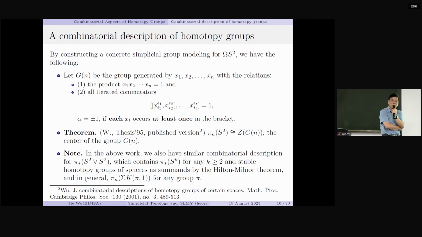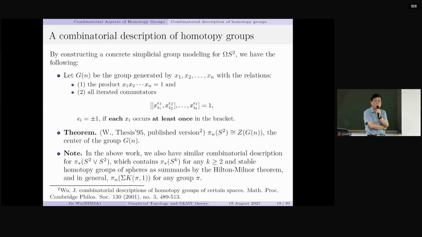Actually, the homotopy group of S2 wedge S2 is a monster. It is huge. By the Hilton-Milnor theorem, you will see that it splits up, so all homotopy groups of spheres of any dimension, and all stable homotopy groups of spheres, become summands of the homotopy group of S2 wedge S2. So this is really the big one.